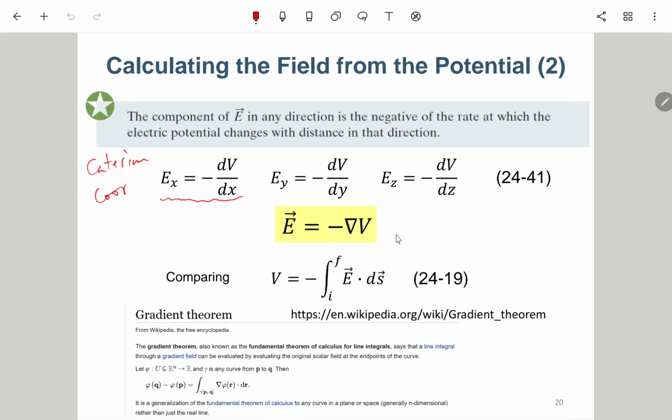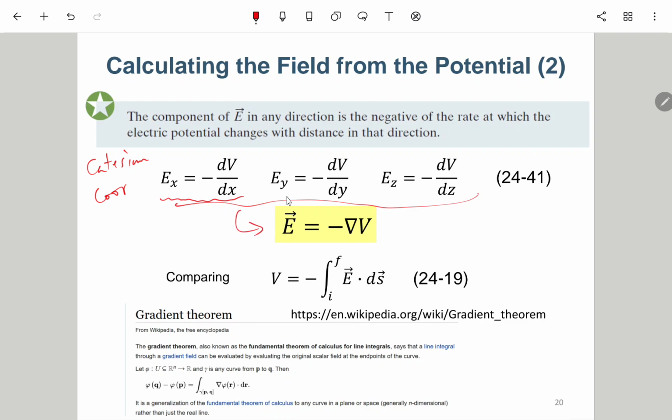So they use a symbol to write these three equations together in just one equation. So it turns out these three become this equation.